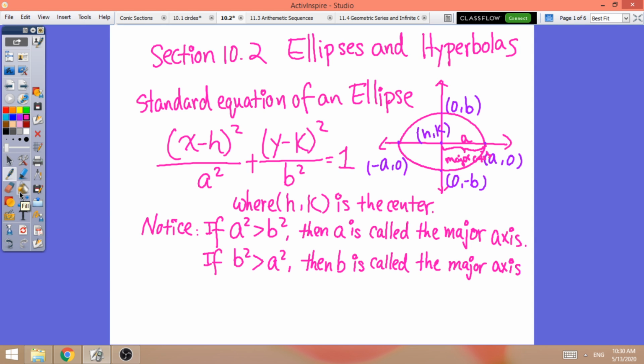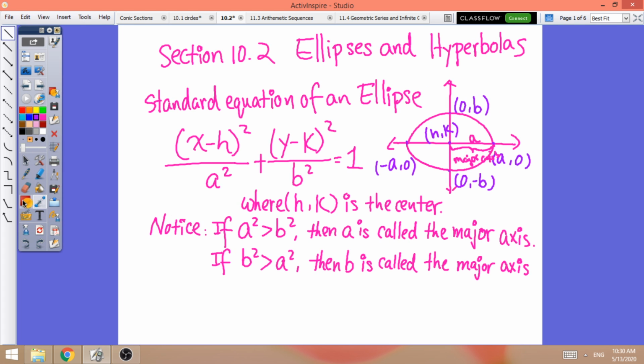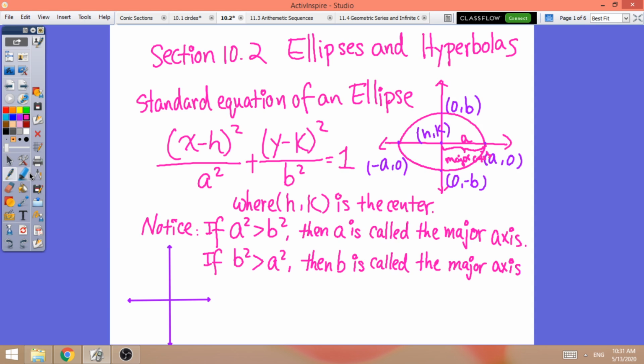So for the vertical ellipse, it looks like this. Let me get a line. So the x-axis, and the vertical axis, the y-axis. Let's say we have a vertical ellipse. That means the major axis would be right along the y-axis. So this one is 0, comma b.